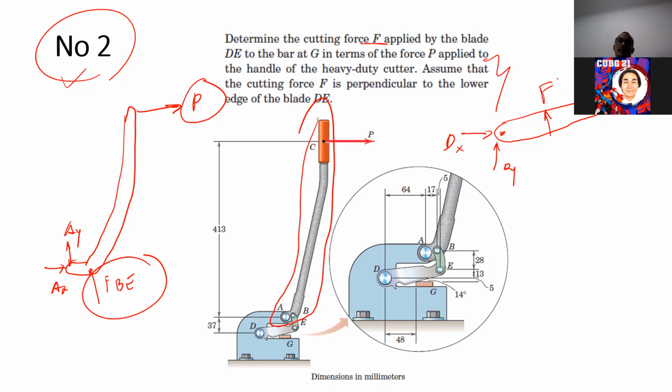Of course, you still need to calculate the angle of the F here, but all the information is there. D is at the same height. D is here, we know the height of that, and of the point G there. The height has a 5 millimeter difference, and the horizontal distance there is 48 millimeters.